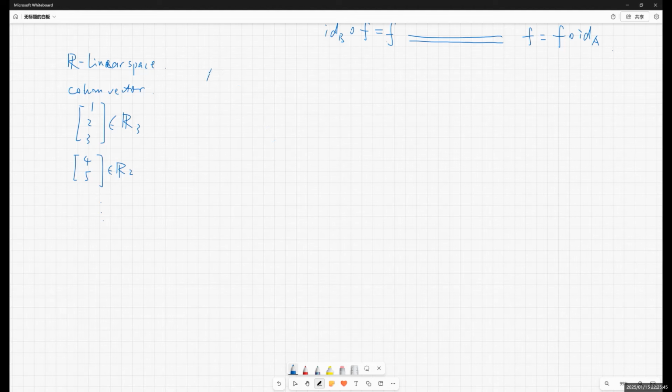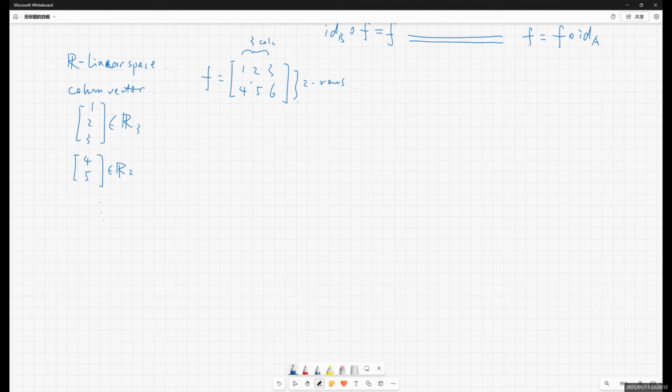Like we have a matrix, I call it F, like 1, 2, 3, 4, 5, 6. And it has 3 columns and 2 rows.